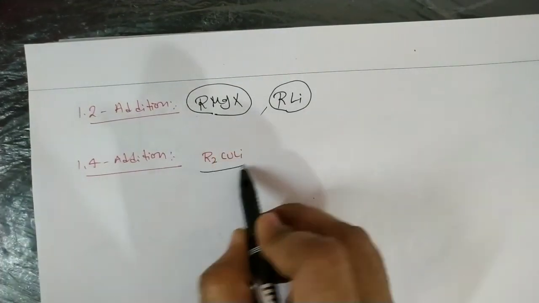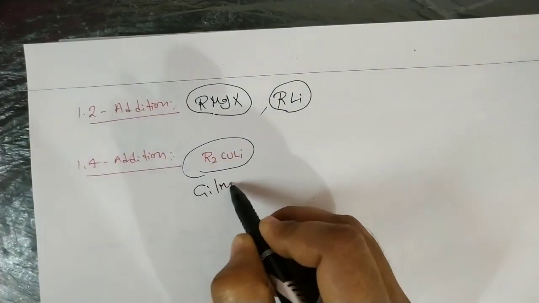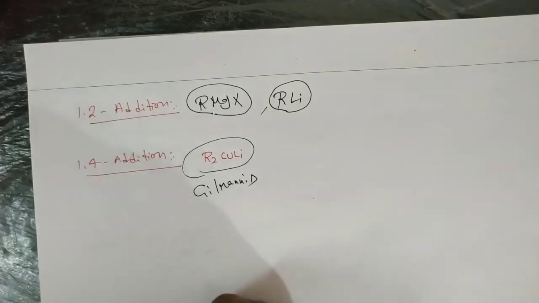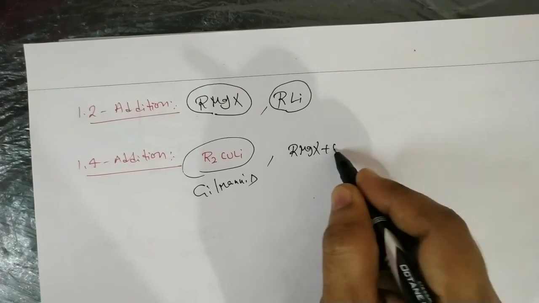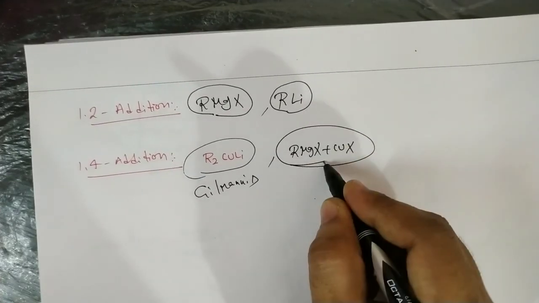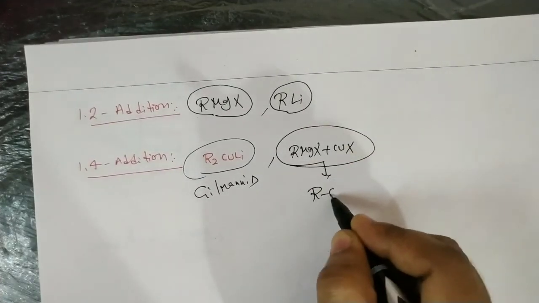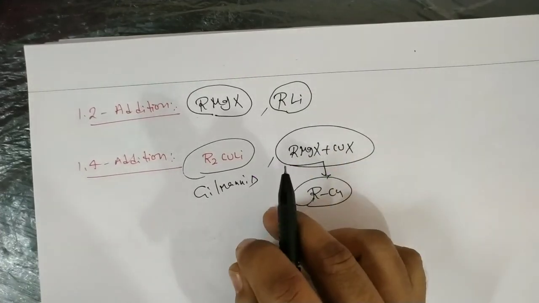Next, Gilman's reagent is involved in 1,4 addition reactions, and RMgX plus CuX, the combination, gives the alkyl copper, which is also involved in conjugate addition.